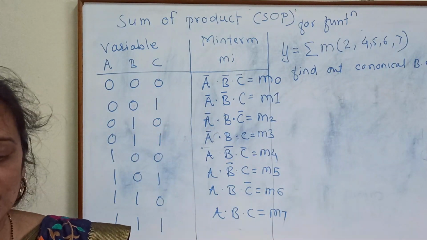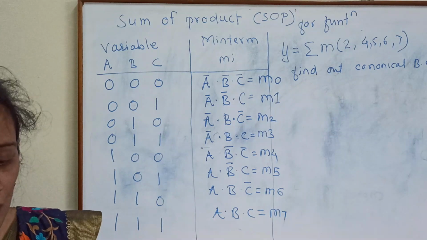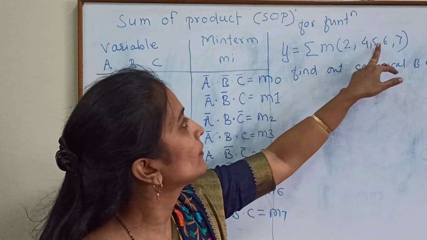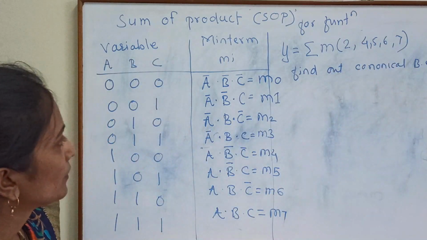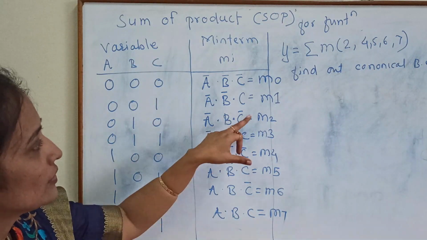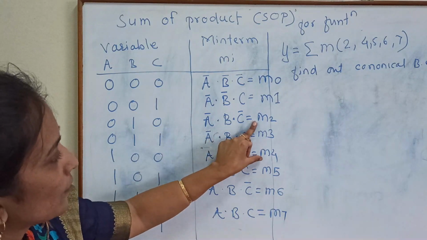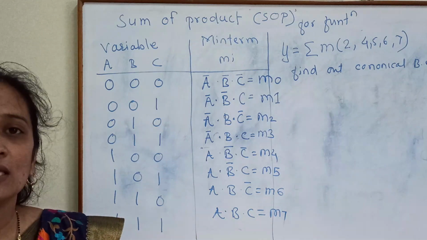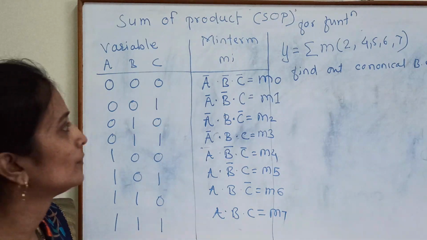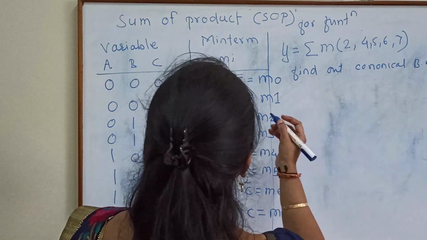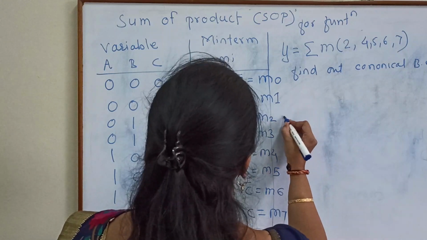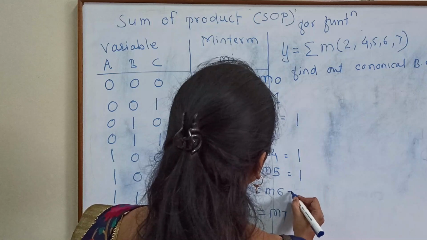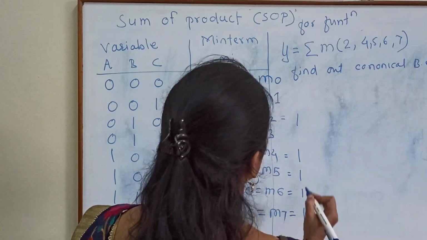Now what is given? The min terms are 2, 4, 5, 6, 7. Where is 2? M2 here. M2, 4, 5, 6, 7. Those values will be 1. Therefore, we will write here 1, 1, 1, 1 and 1.